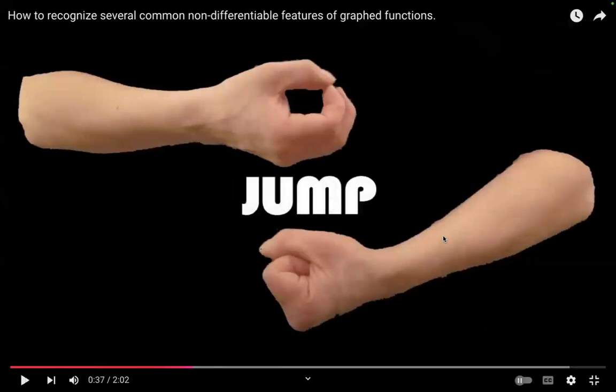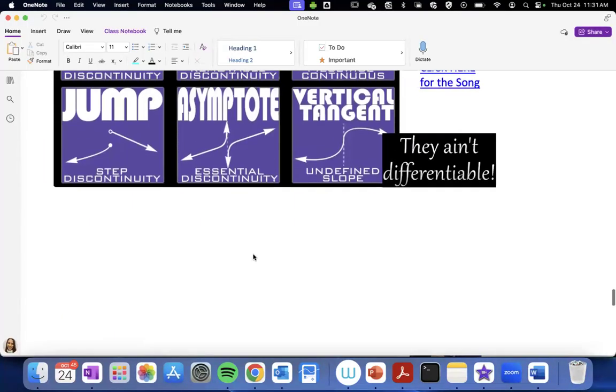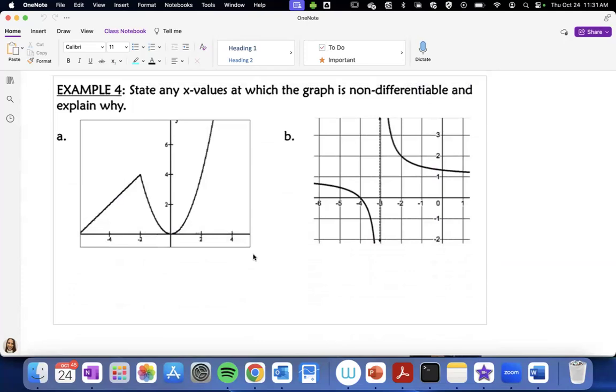Okay, there's more, but I'll play that in tomorrow. But I want to go over this last thing, because it's really easy. Look at the graph. If there's a jump, a hole, a gap, cusp, vertical asymptote, or vertical tangent, you can't take the derivative there at that point. So on this part A function, at what x value is it non-differentiable? Where can I not take the derivative on this function in A?